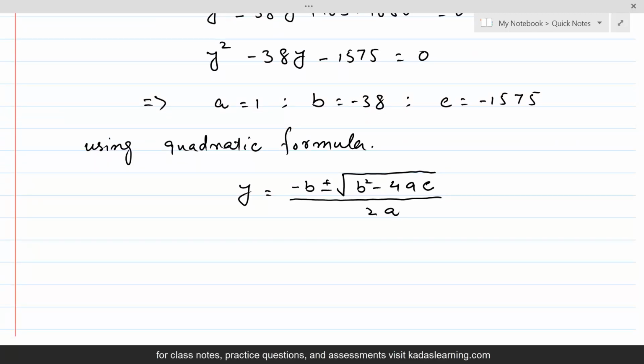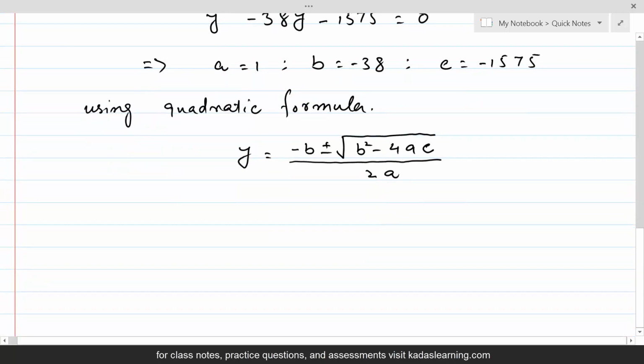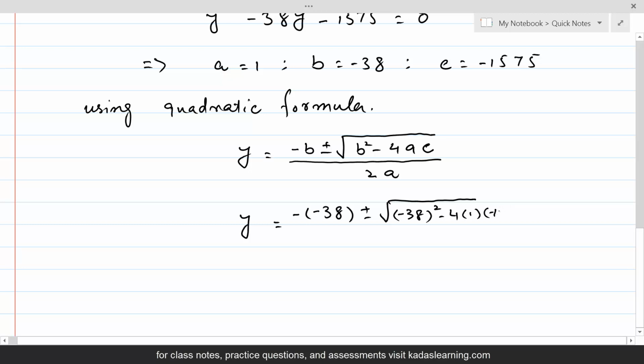And now we will substitute the values of a, b and c. So y will be equal to minus times minus 38, plus minus square root of b squared, that would be (-38) squared, minus 4 times 1 times c, which is -1575.